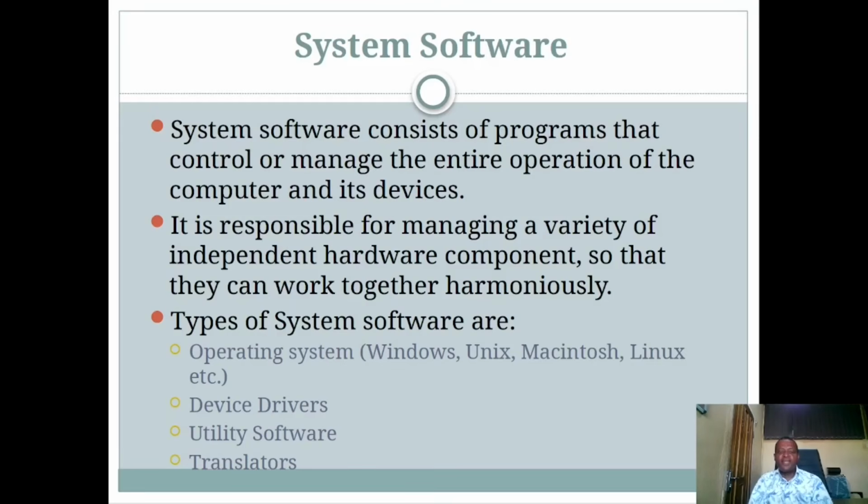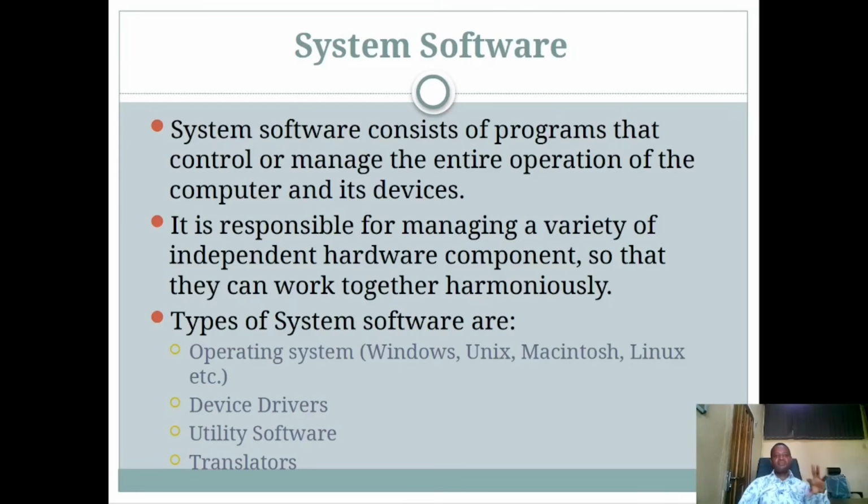Now, there are basically 4 types of system software. Number 1 is the operating system. Maybe in due course we shall look at the operating system.